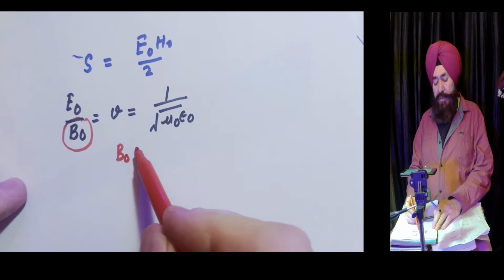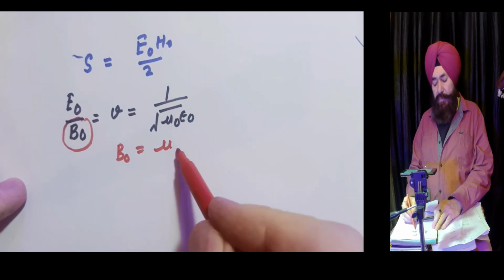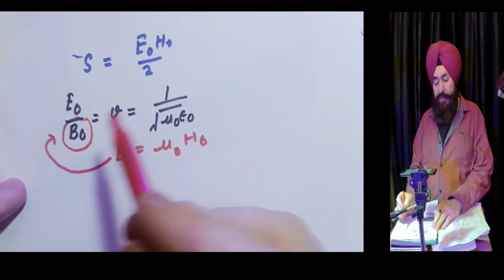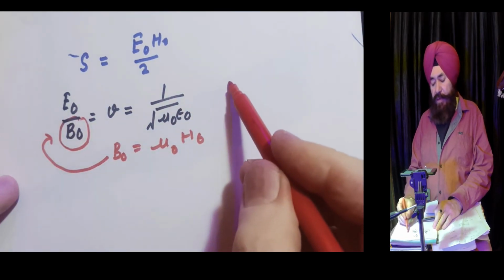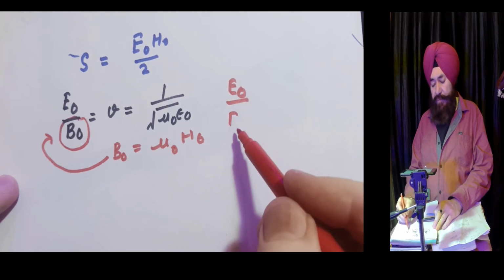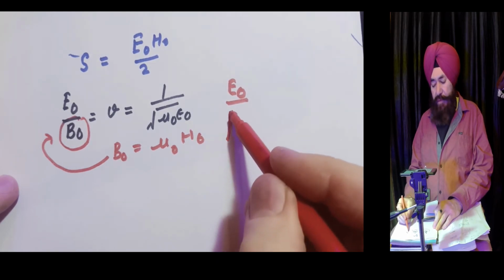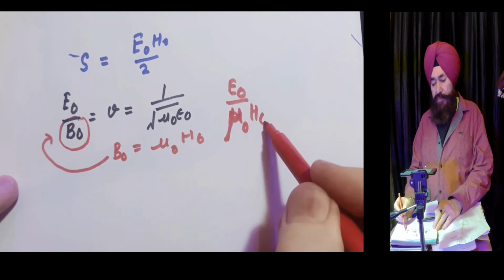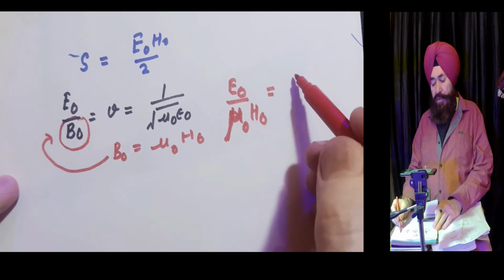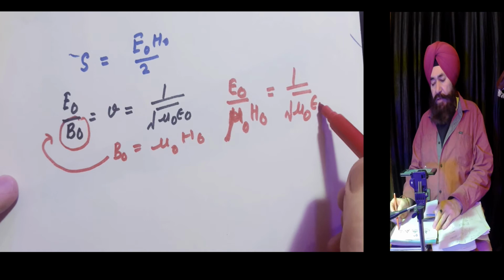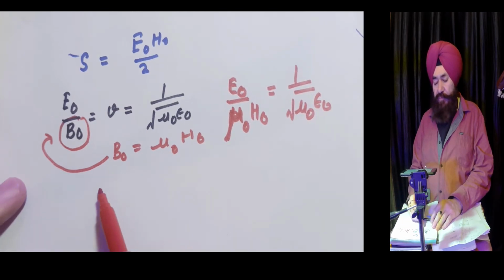B naught is mu naught H naught. Substituting it here, so it becomes E naught upon mu naught H naught equals to 1 upon under root of mu naught epsilon naught.